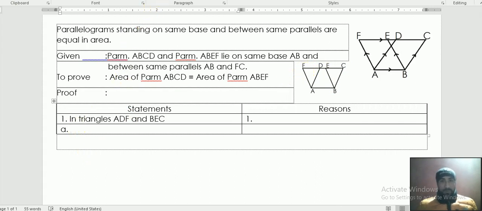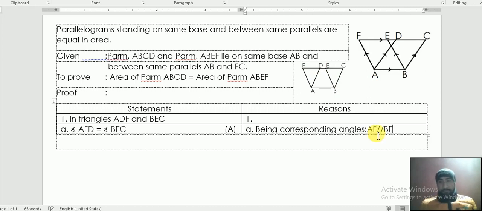So the reason is, being corresponding angles, and why they are corresponding? Because AF is parallel to BE.